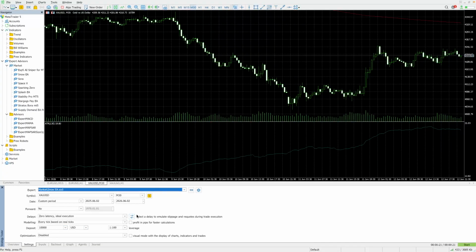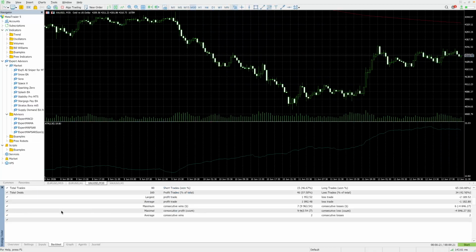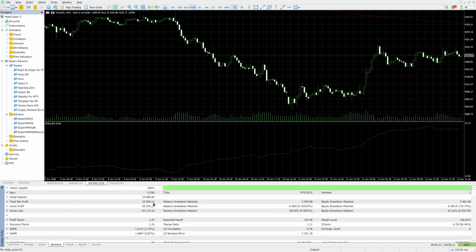Now, these are the default settings from the developer, and I used this to test it on gold on the 30-minute time frame from June 2025 to June 2026, which is 1 year, with a $10,000 deposit on every tick based on real ticks modeling. And let's look at the results. The result was a solid net profit of about $10,039.